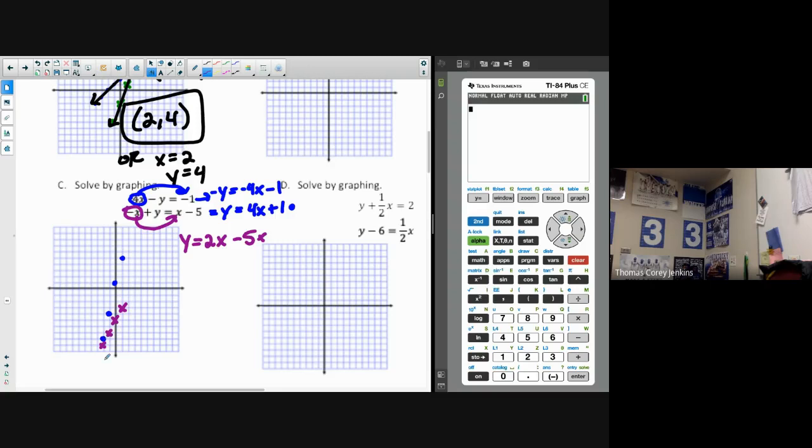Down 1, 2, left 1. This would be down 1, 2, 3, 4, left 1. So they actually don't intersect until we get to negative 3, negative 11. Again, that looks tougher on mine because it goes off the graph, but that won't happen on Math Excel. So that part will be a little bit easier. And they extend the line perfectly for you.